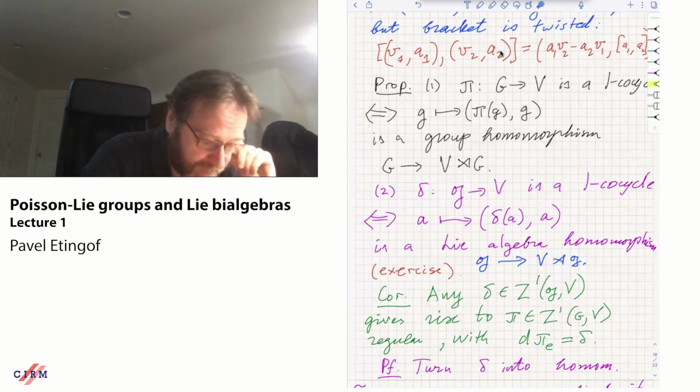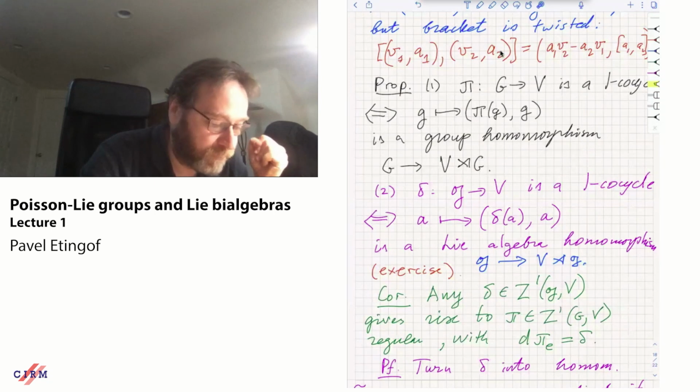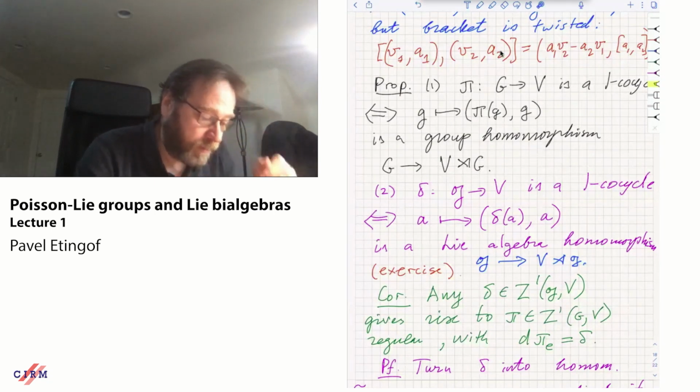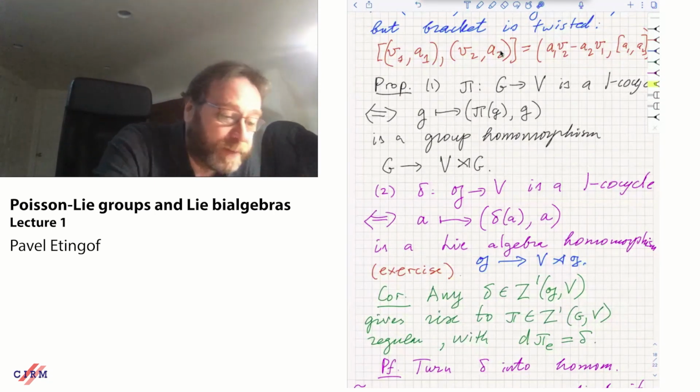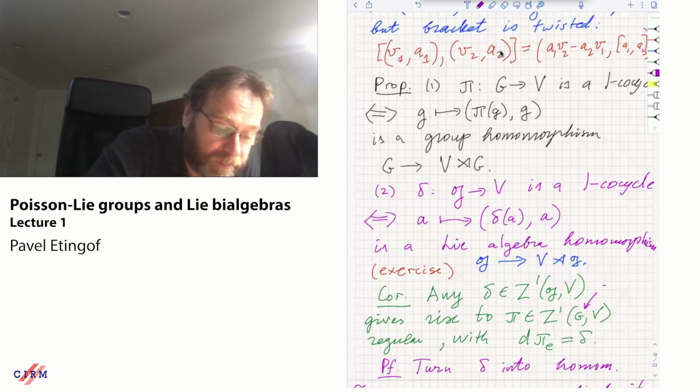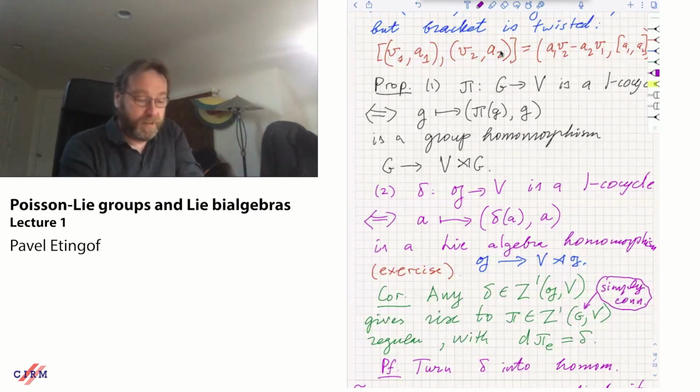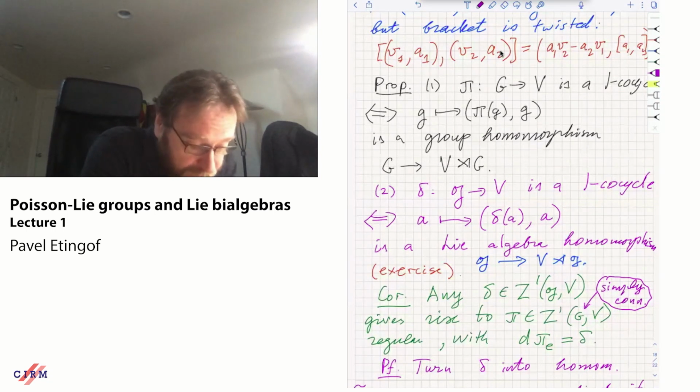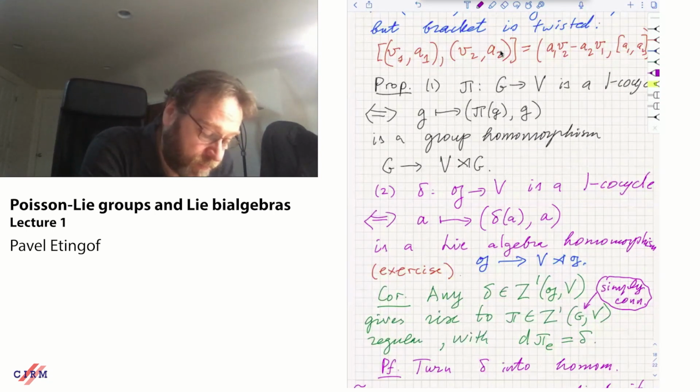So that's simply the second fundamental theorem of Lie theory, which says that, for capital G simply connected, any homomorphism of Lie algebras gives rise to a homomorphism of the corresponding simply connected groups.